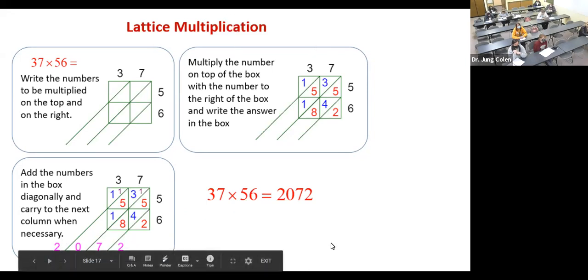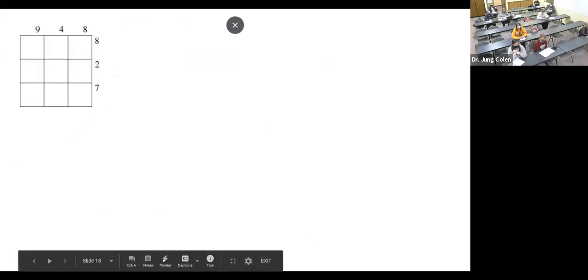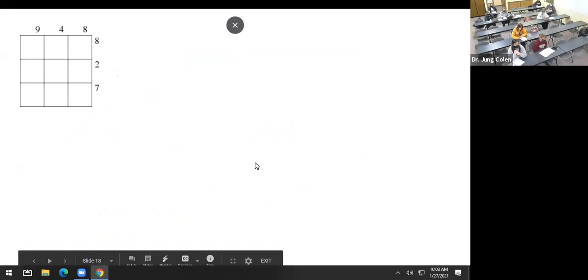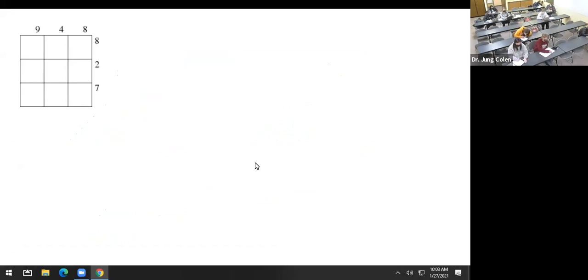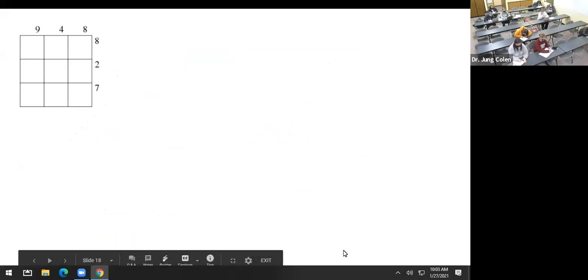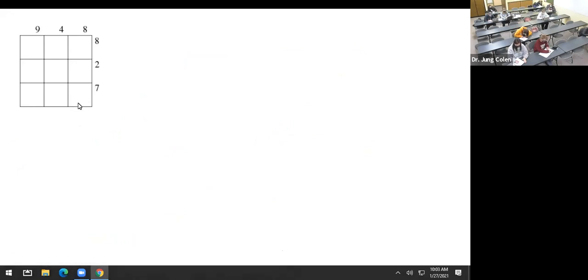Okay, so let's practice that one more time. We are increasing the digits into 3 digits. 948 times 827. So I want you guys to write this on your notebook, make 3 by 3 grids. And what's next? You need to make the diagonals, right? So go this direction, this direction.